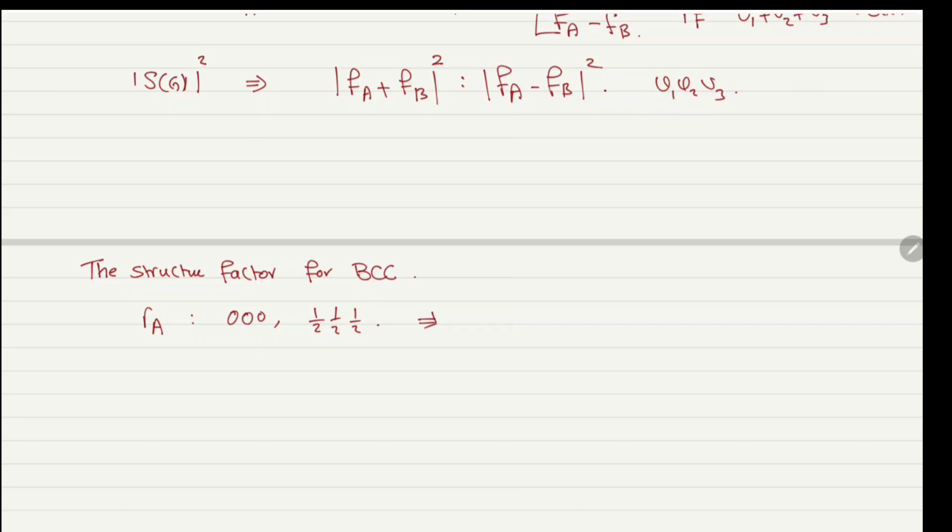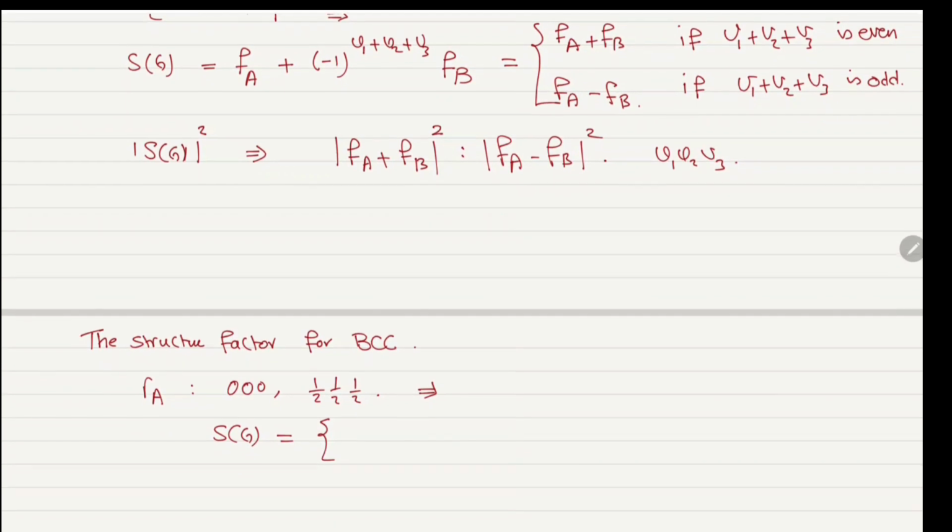In this case, if we substitute this back in the structure factor formula, S_G is equal to the same result as in cesium chloride, but f_A is the same as f_B, so f plus f is equal to 2f in this one here, and f minus f, which is equal to 0.